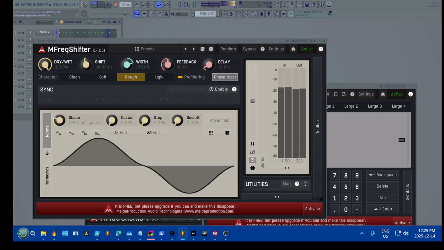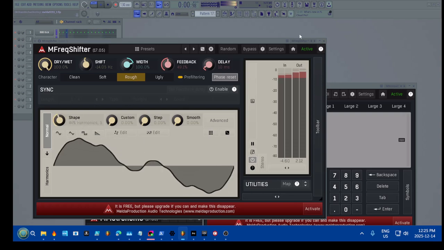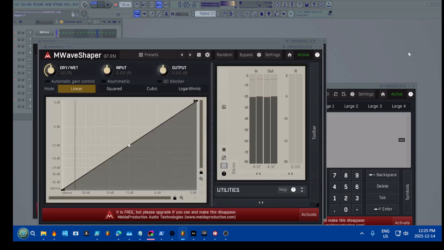And then for the wave shapers and stuff, again, much more advanced than Fruity Wave Shaper. It's the same idea, it's Fruity Wave Shaper, it's just way more advanced. So this here, it's pretty basic.